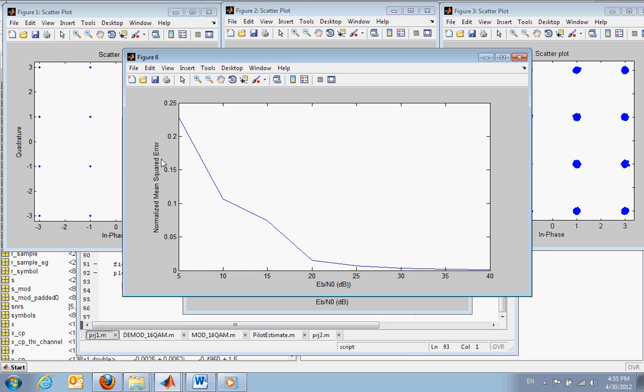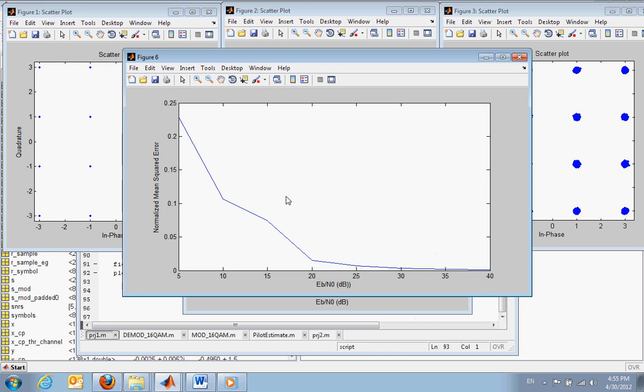The mean squared error is computed between the original audio data and the recovered demodulated audio data, and then normalized by the average signal power. So here we can say once again that as the signal to noise ratio increases, the normalized mean square error also converges gradually to some constant.